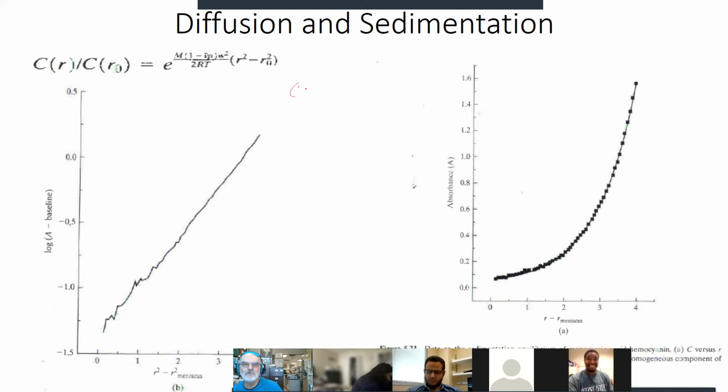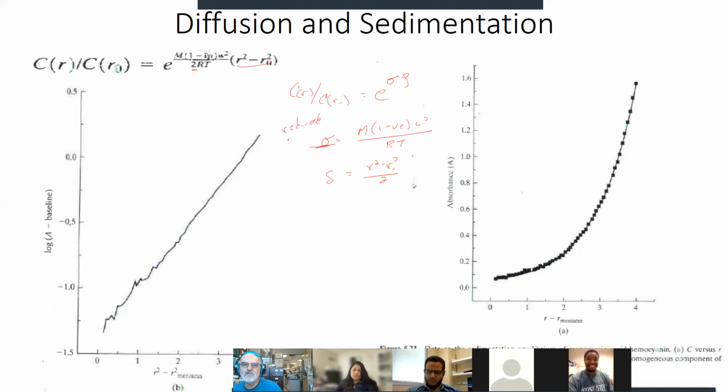All right, so I usually write this as e to the sigma psi, where sigma equals M1 minus v bar rho omega squared over RT, and psi is r squared minus r0 squared over 2. You can see the r squared minus r0 squared over 2 in the term. This is known as the reduced molecular weight.